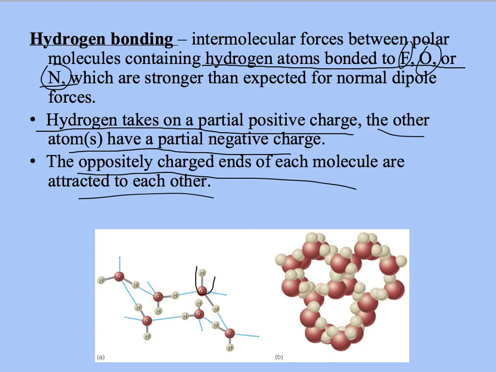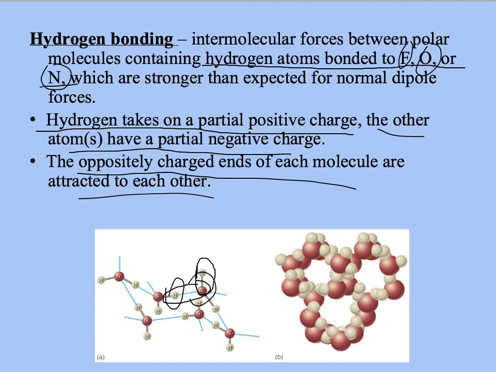This H bonded to the O is a covalent bond, but it's the attractions between neighboring molecules that the hydrogen bonding is. Hydrogen bonding is an intermolecular force. It's not the same thing as a covalent bond with hydrogen, but it's an attraction between a partially positive hydrogen in one molecule and the partially negative end of another molecule.